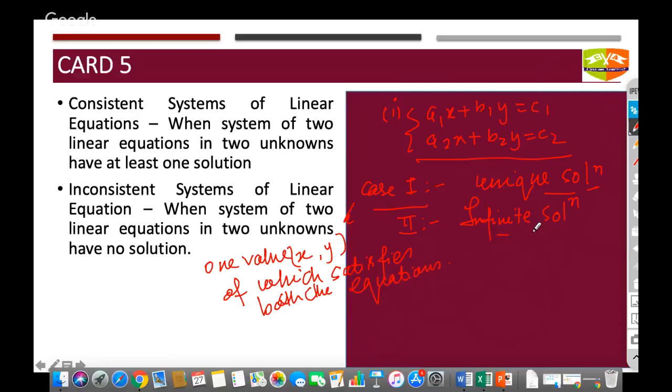Now what comes over here in infinite solutions is, if a1 and a2 are corresponding, b1 and b2 are corresponding, similarly c1 and c2, I'll discuss these things in later slides.